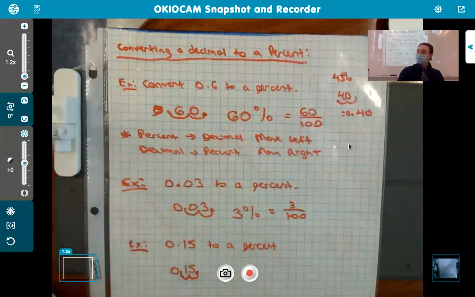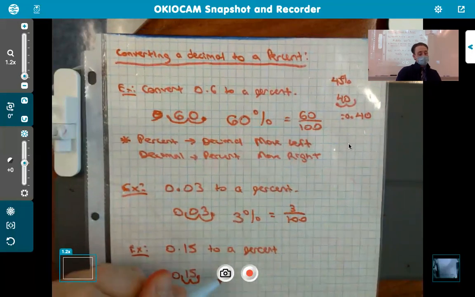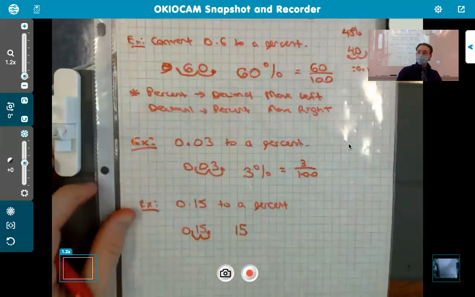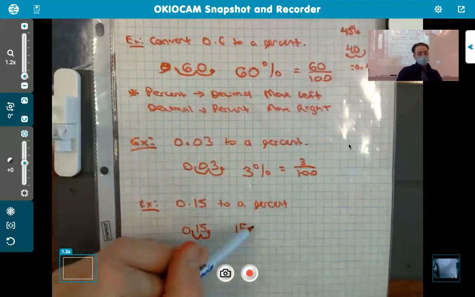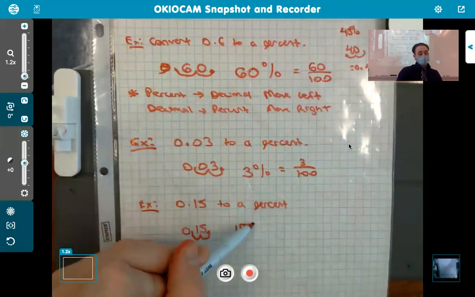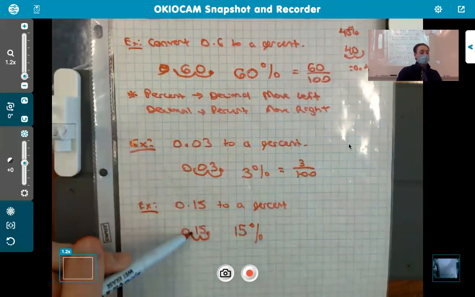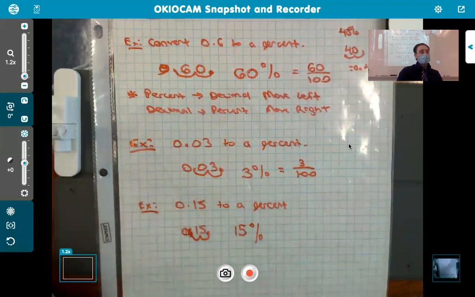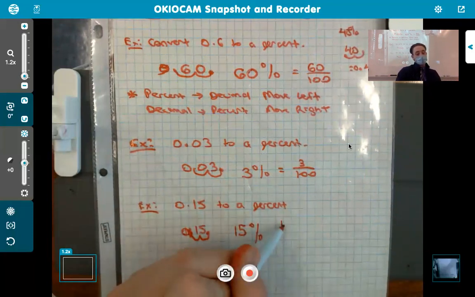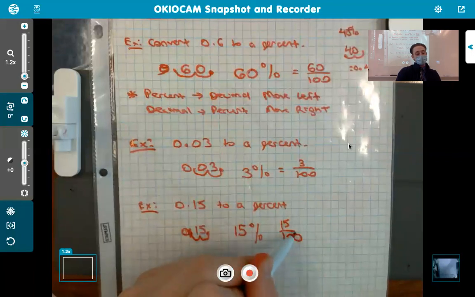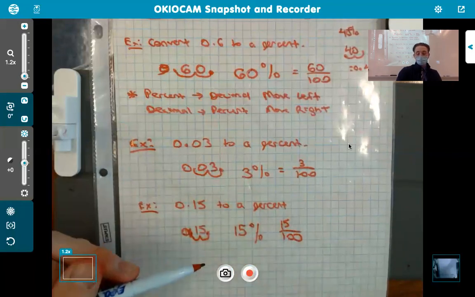Now what? Get rid of the 0. I'm left with 15. And is that my final answer? Yeah, right. After you move it twice, you get rid of that 0 out in front. You're left with the 15 as your percentage. And again, what is that as a fraction? 15 over 100. Okay.